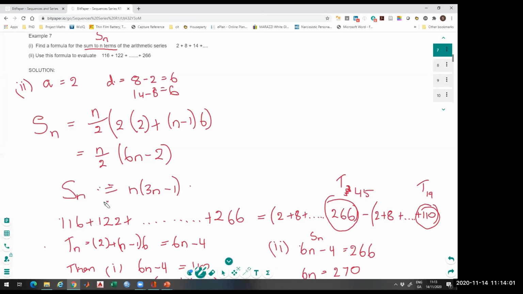The issue we faced was that we want the sum from 116 up to 266.